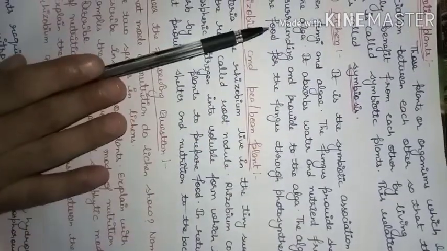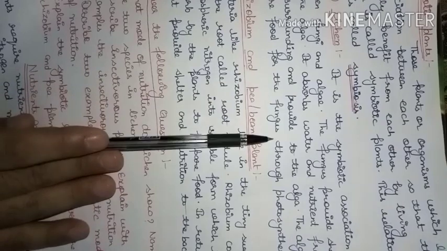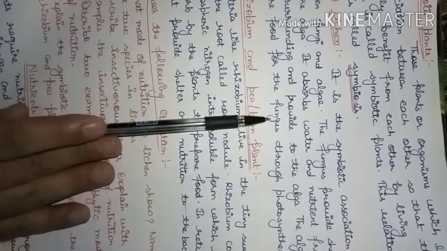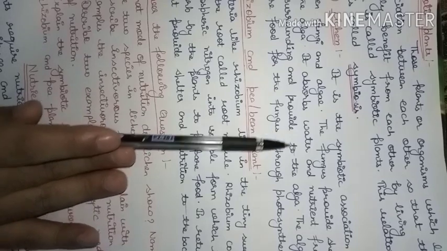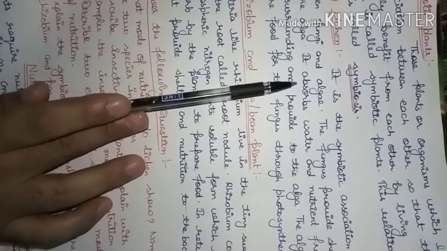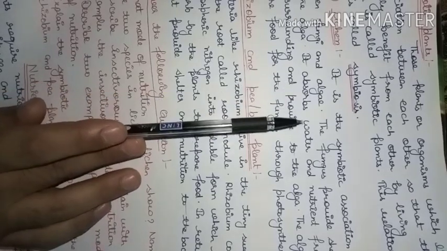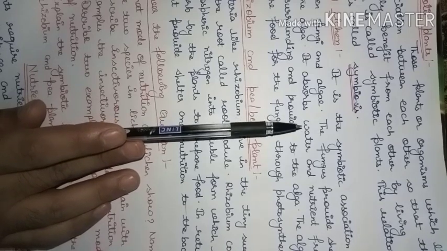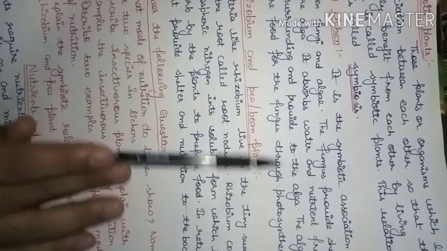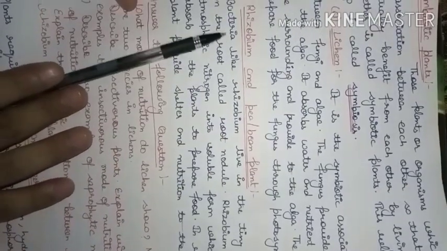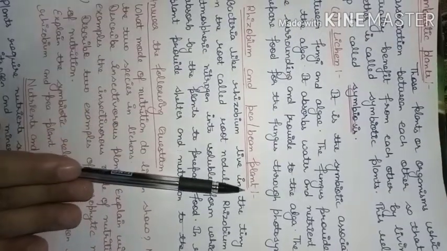The algae provide this food to the fungus. In this way the fungus gets benefited and the algae is benefited from the fungus, because the fungus provides water and shelter to the algae, and in this way both get benefited. Next one is rhizobium and the pea plant.